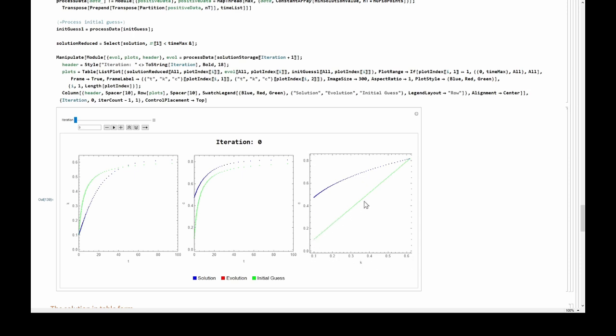And this line here is this linear convergence trajectory that we initially guessed. This is what I meant. And this is the solution.